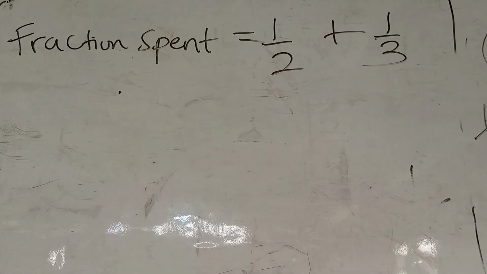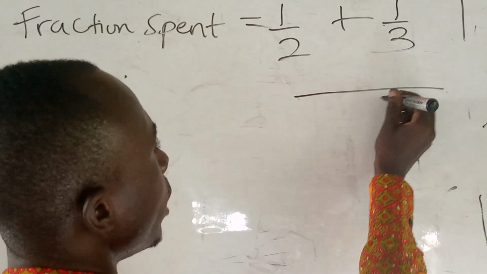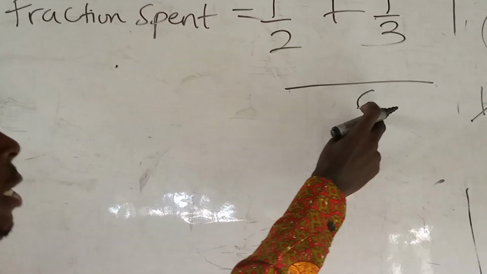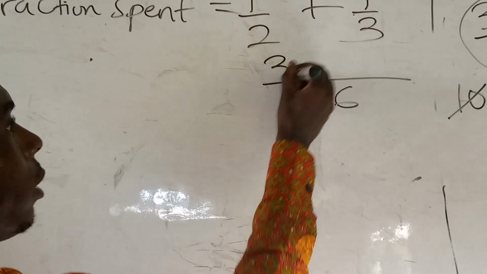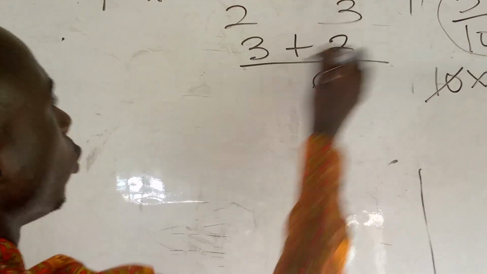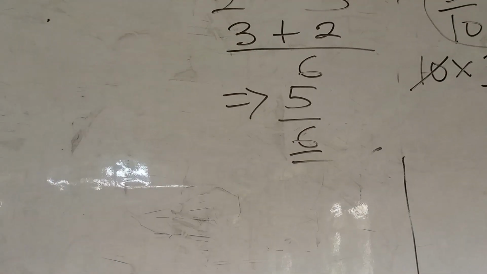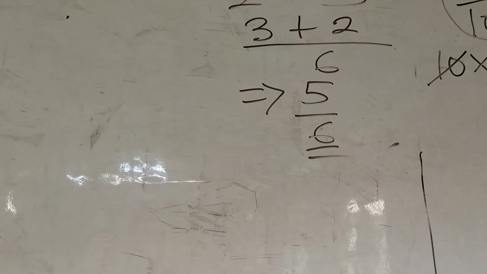We add the fractions. So to solve this one, what is the LCM? 6. 2 goes into 6, 3. 3 times 1, 3. Plus 3 goes into 6, 2. 2 times 1 is 2. We are having 5 over 6. Now, this is our fraction spent on rent and food.